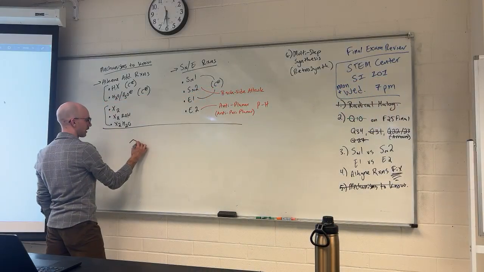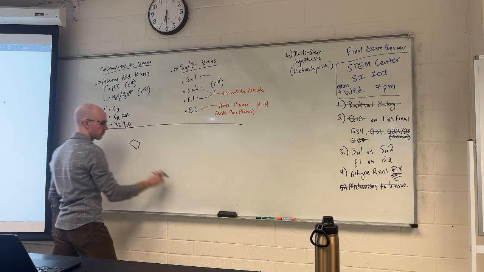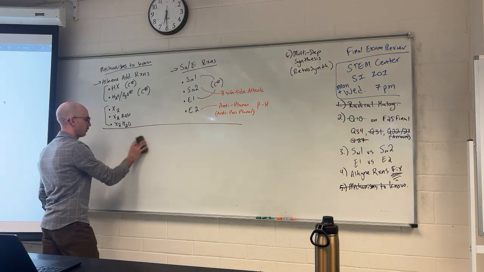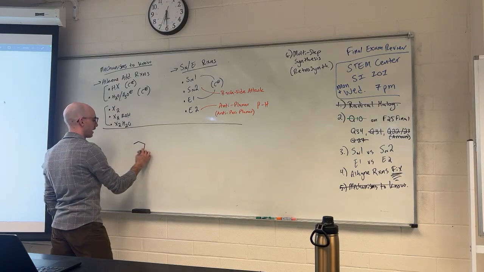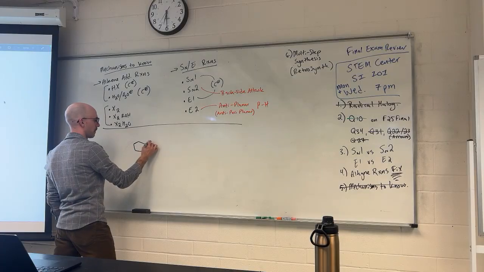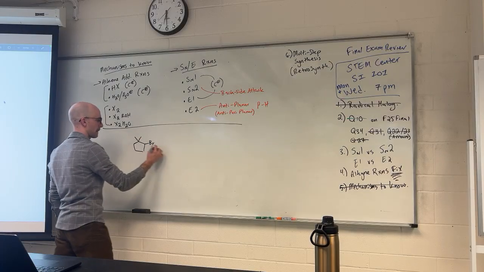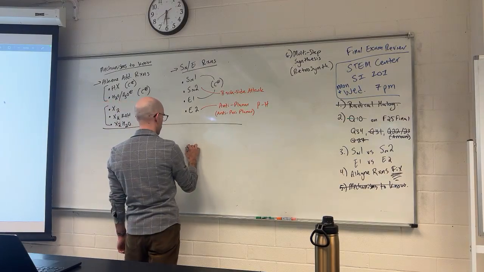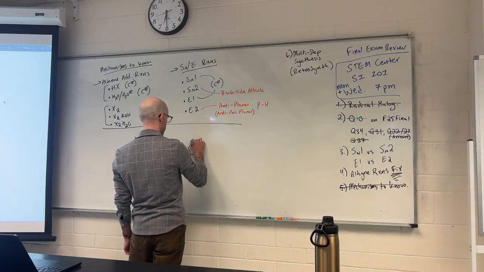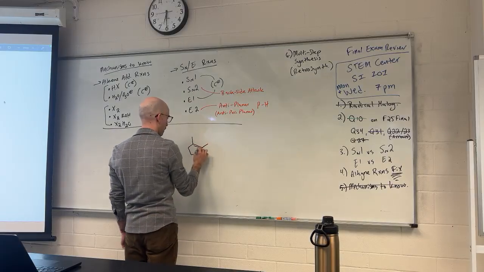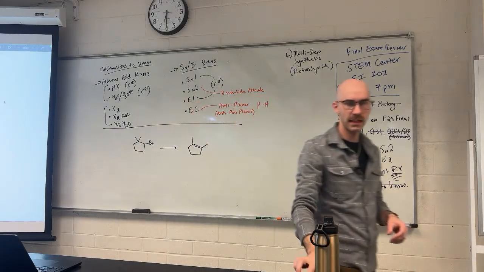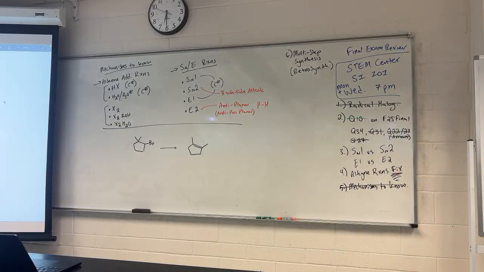So I want to take 2-chloro-1,1-dimethyl cyclohexane, and I want to get 1,2-dimethyl cyclopentene. Did I say cyclohexane? Sorry. It would work on there too, but I meant cyclopentane.